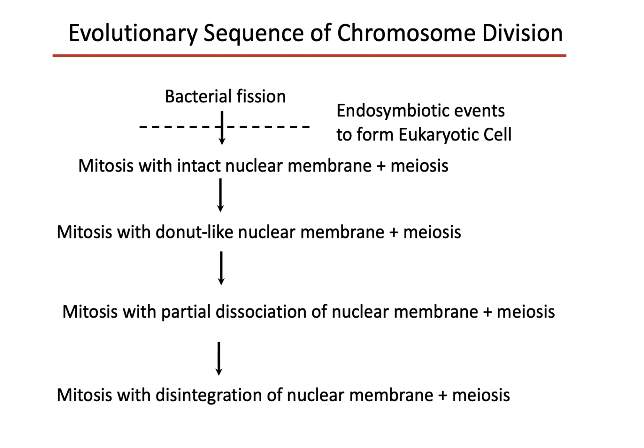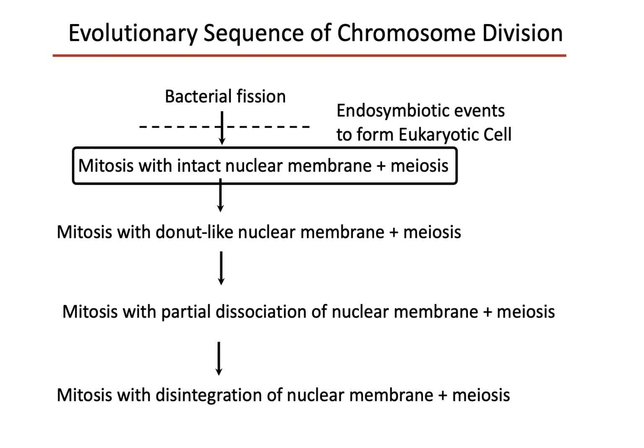If we make sense of these different forms in an evolutionary sequence, then you can look at bacterial fission as being the simplest form of duplication of the chromosomes and separation of the cells. Then you have mitosis with intact nuclear membranes, and then add on meiosis a little later.